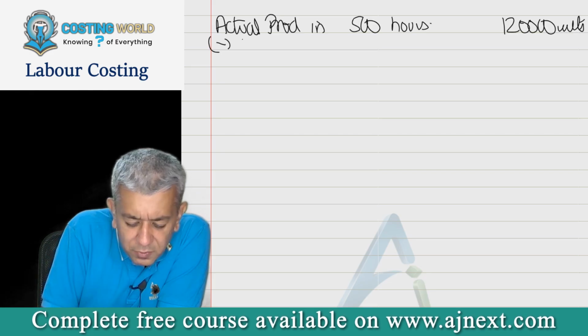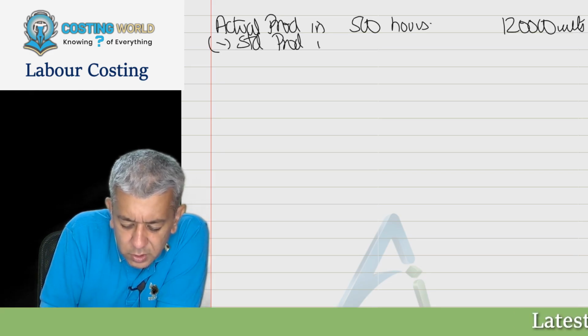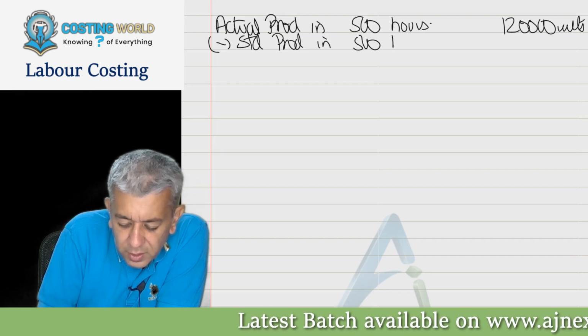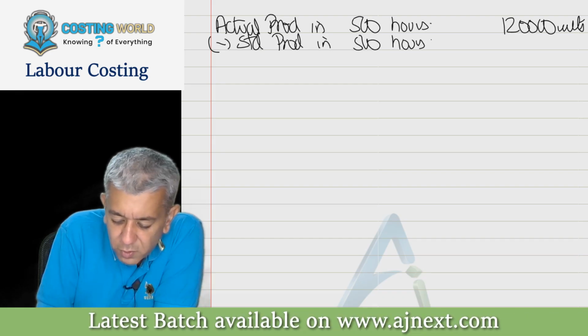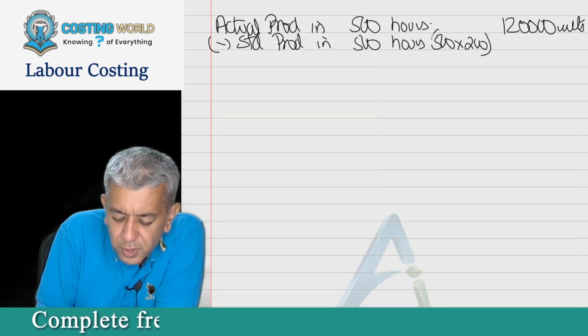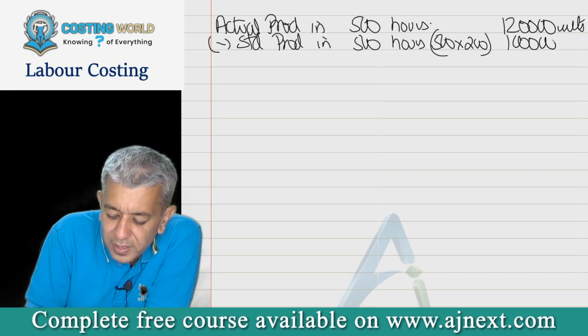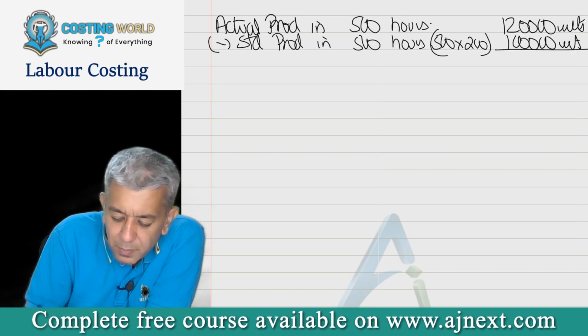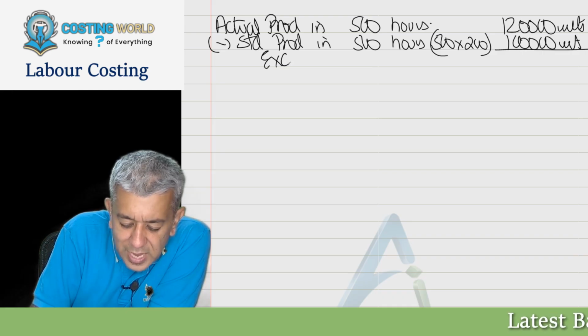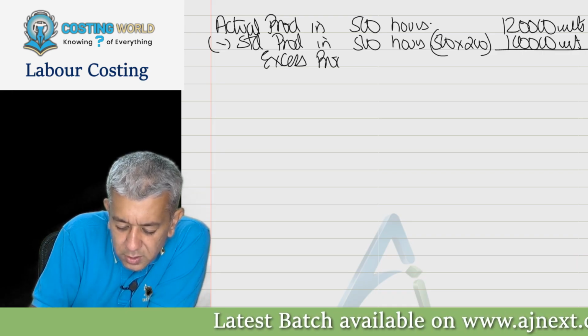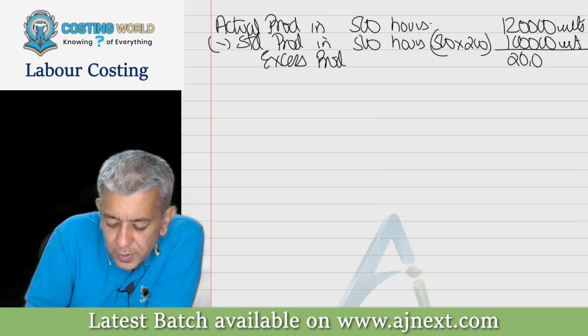So I think from here we should subtract standard production in 500 hours, obviously. So therefore in 1 hour the worker should have produced 200 units, so therefore 1 lakh units. So if somebody asks me what is excess production? Excess production is 20,000.